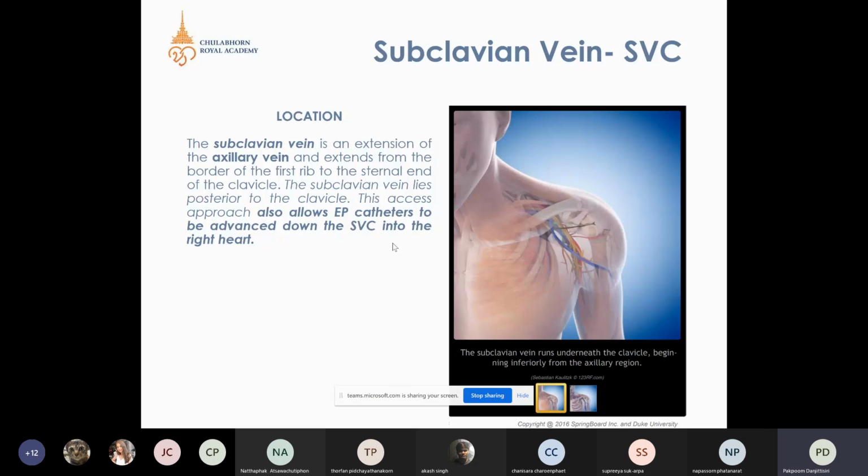Maybe the doctor cannot use, or the physician doesn't want to use, the femoral approach to advance the catheter. Sometimes they can use the internal jugular vein or subclavian vein to insert the catheter instead.